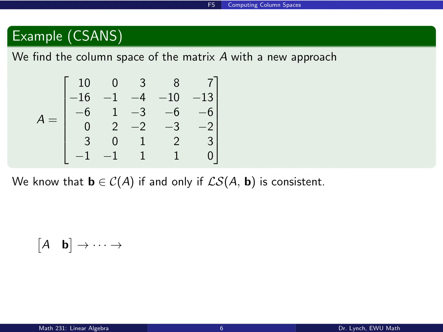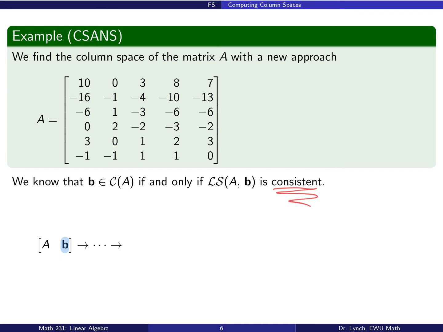We know how to address this question of consistency also, right? We can take our matrix A, augment by the vector B, and reduce to row echelon form. In theory, we could do that for an arbitrary vector B that just contains the elements B1, B2, B3, B4, B5, and B6.